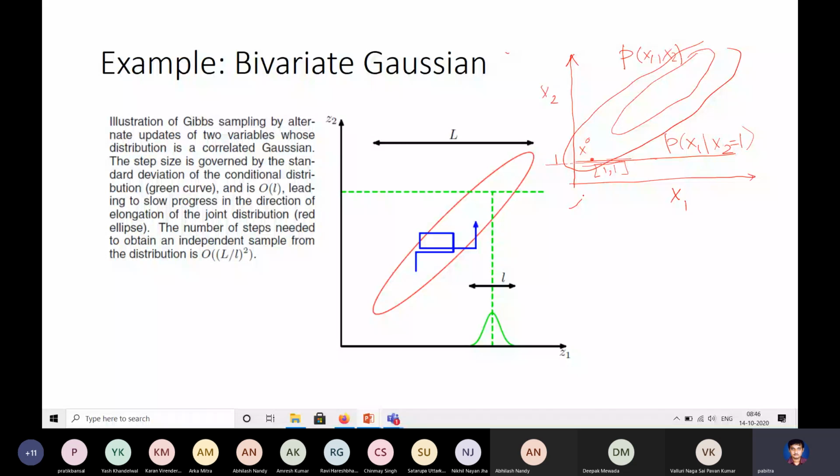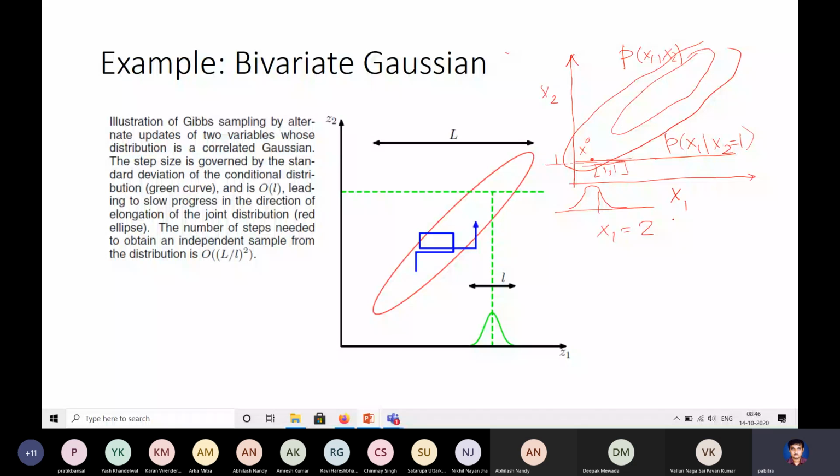Generate X1 according to this one-dimensional distribution. Let's say I get X1 equal to 2 by drawing a sample from this one-dimensional distribution. All right. So now fix X1 equal to 2, and now you transition X2.